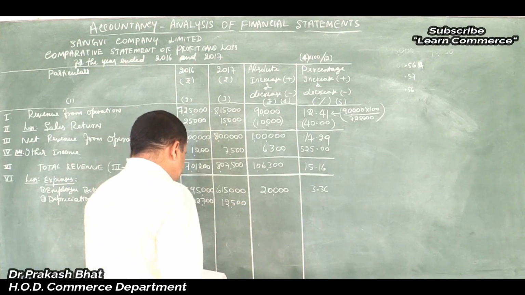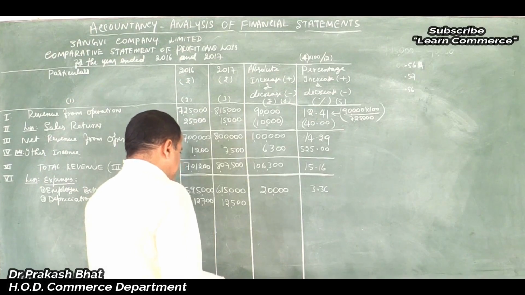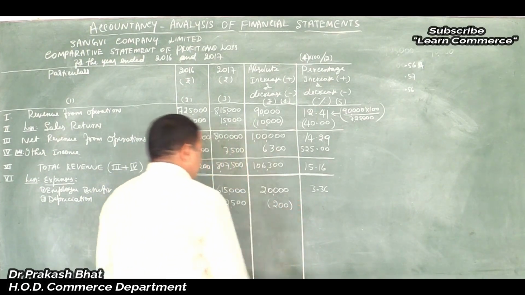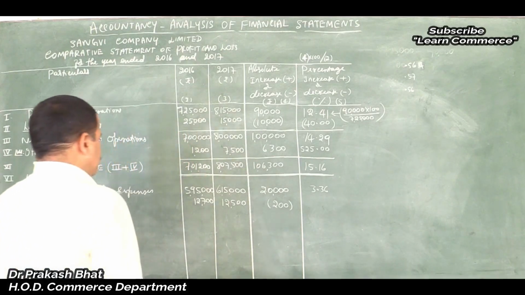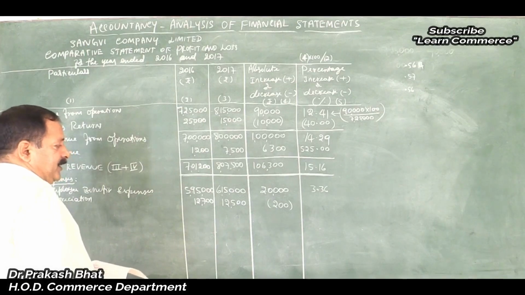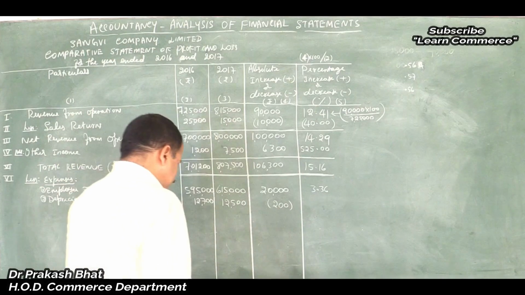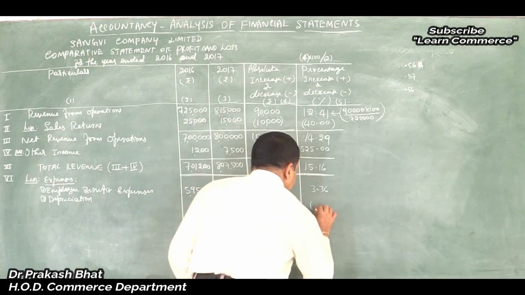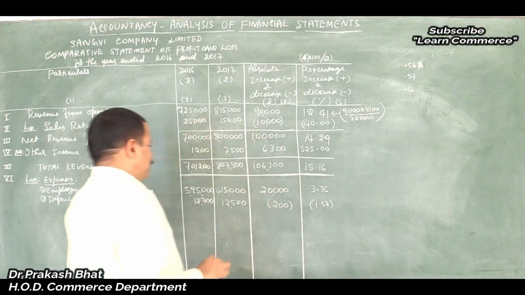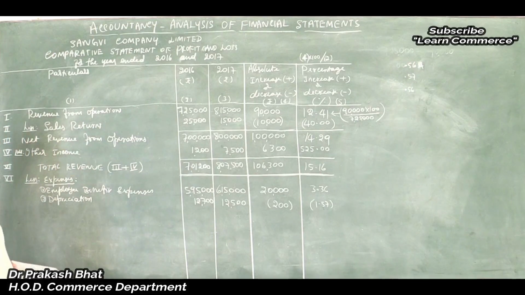There is a decrease of 200 rupees, am I correct? So, assign within bracket. 200 rupees decrease, 12,700 and 12,500 current year, there is a decrease of 200, 1.57 negative. Two expenses over.